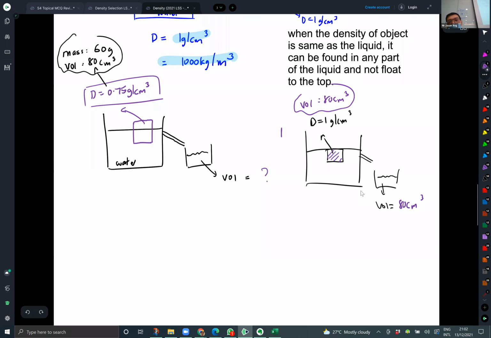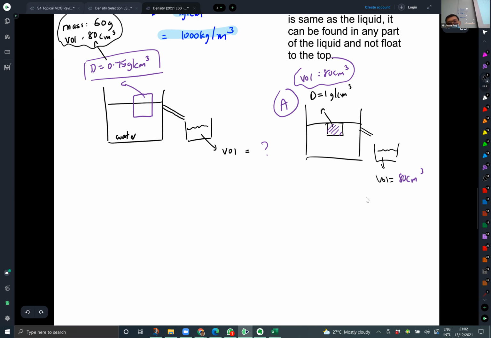So I'd like to remind you that this example here is not difficult to understand. But you can also tell yourself, what if there's another scenario where this object is exactly half submerged? Half submerged. Scenario B. So under what circumstances do you think that the object will be floating such that half is above and half is below?